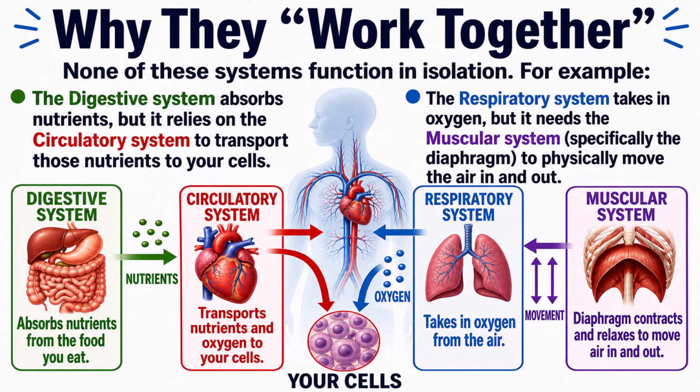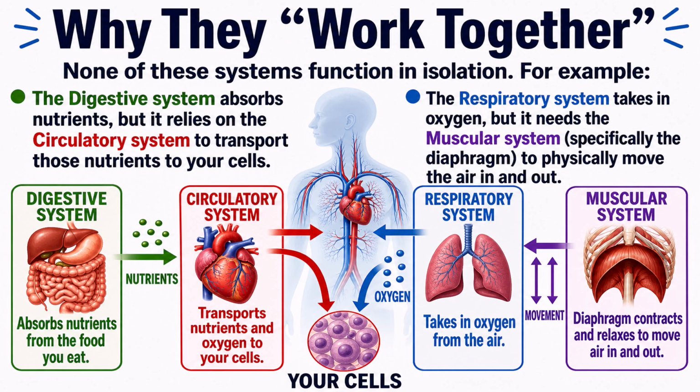So now that we got that out of the way, and you understand each system that we just spoke of, let's find out why the systems in your body work together. None of these systems function in isolation. They work together.